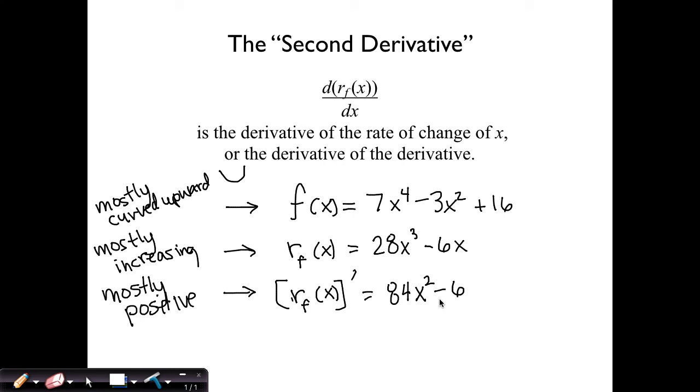Because if x is near 0, this is going to be slightly negative. It could be as negative as -6. And if the rate of change is a little bit negative, then this rate is going to be a little bit decreasing, which would mean this would be a little bit curved down. So those are the sorts of things we're going to be working to put together.